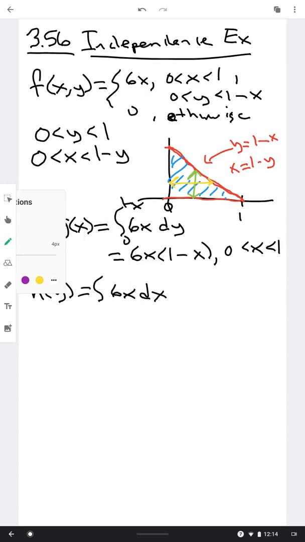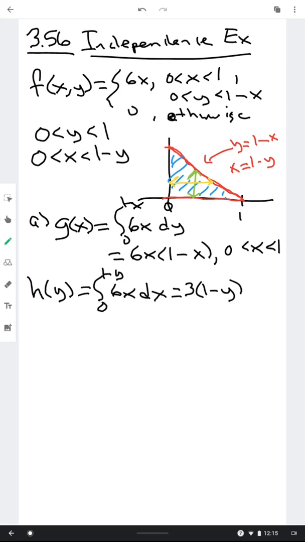And x is restricted by y: it cannot be any lower than 0, and it cannot be any higher than 1 minus y. If we solve this, we get 3 times the quantity 1 minus y, squared, where y goes from 0 to 1.